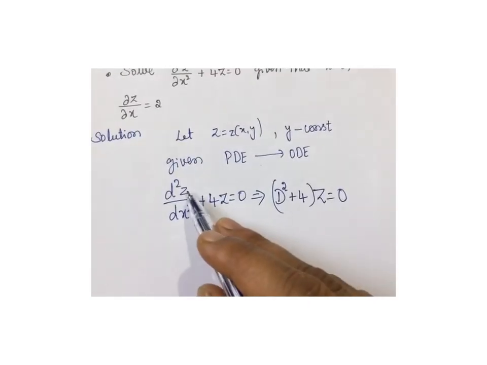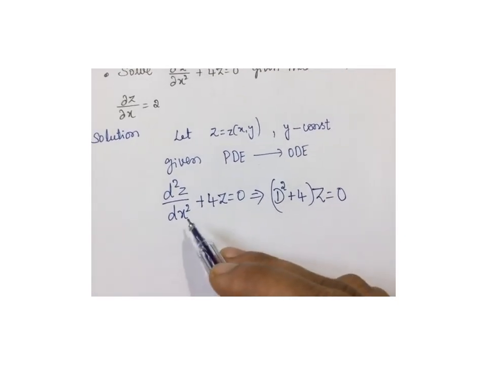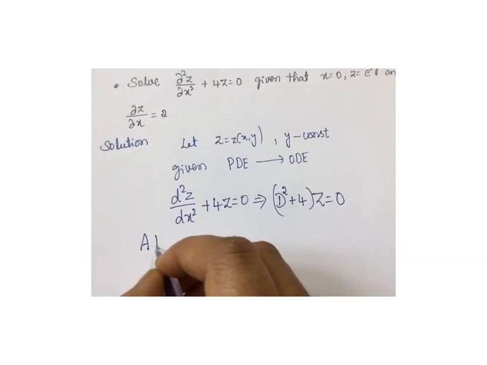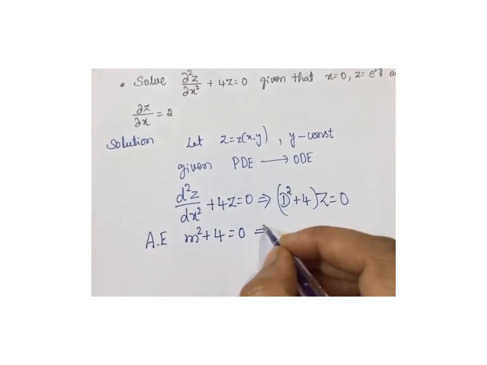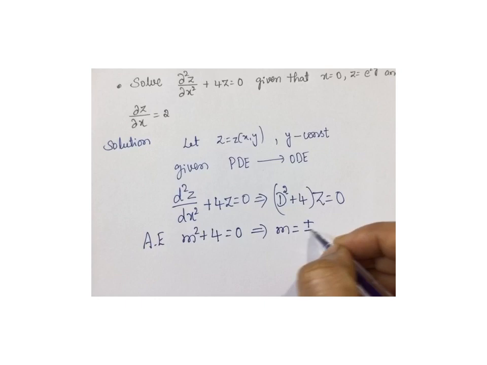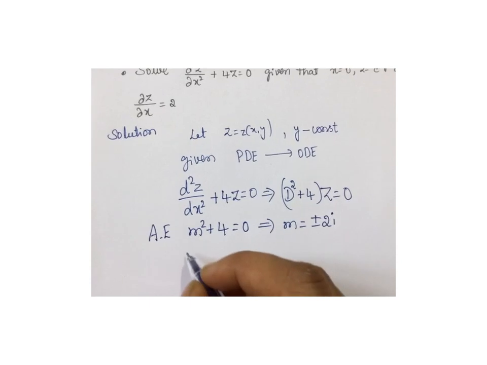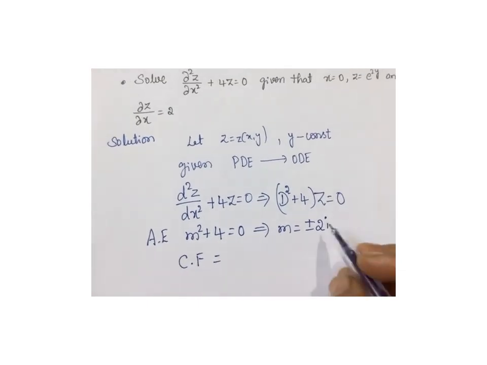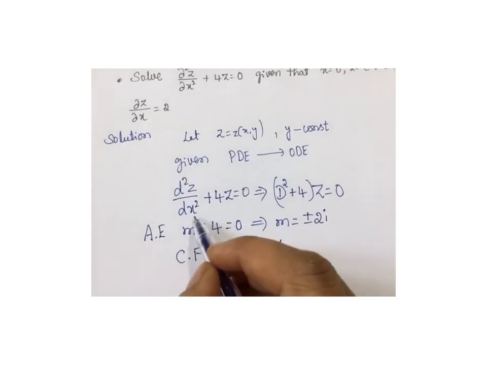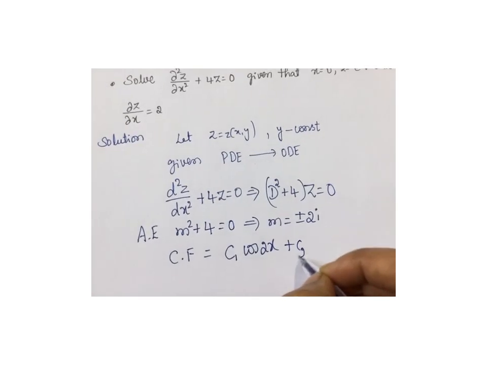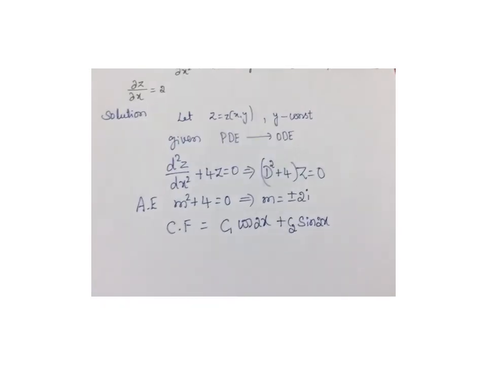Z is a dependent variable on x, so we have to obtain the solution of z in terms of x. Now write the auxiliary equation m² + 4 = 0. From this, m is ±2i. Then the complementary function is c1 cos 2x, because x is the independent variable, plus c2 sin 2x. For your convenience, first write it in terms of c1 and c2.